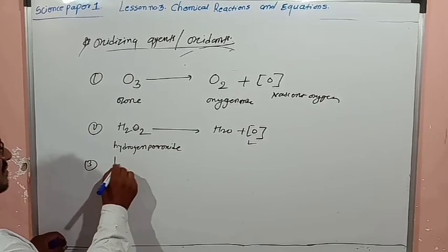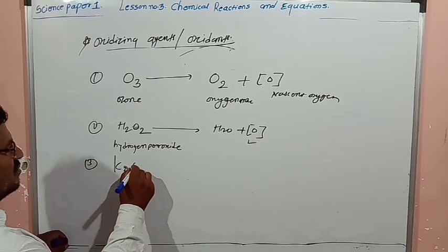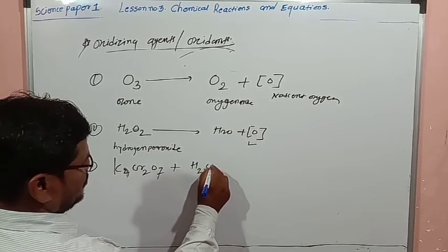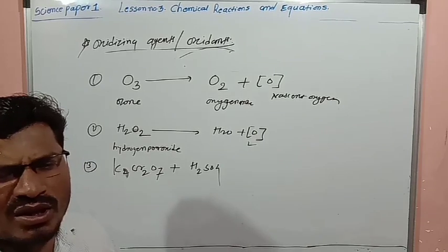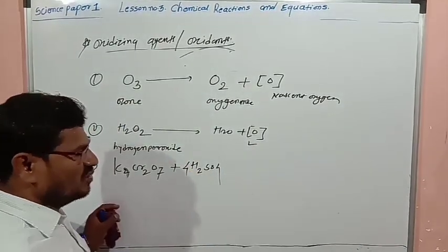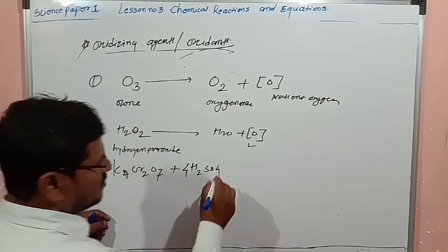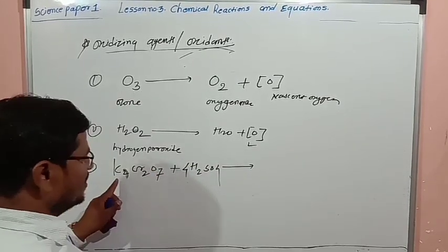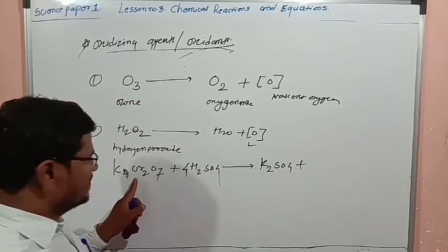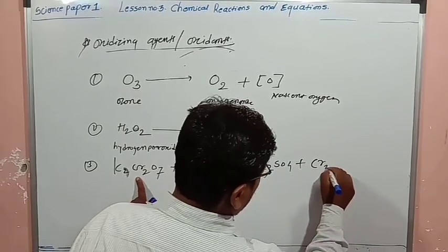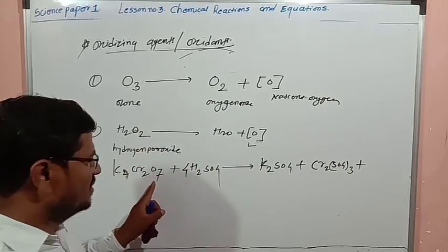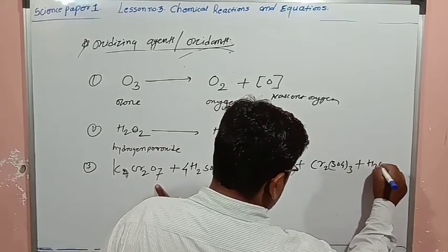Third one is K2Cr2O7 plus H2SO4. If you take 4 H2SO4 molecules, then which products will they give? K2 will form K2SO4, Cr2 will form Cr2(SO4)3, plus H2O molecules.